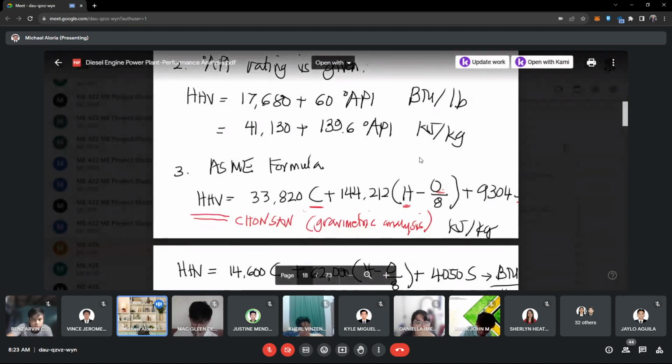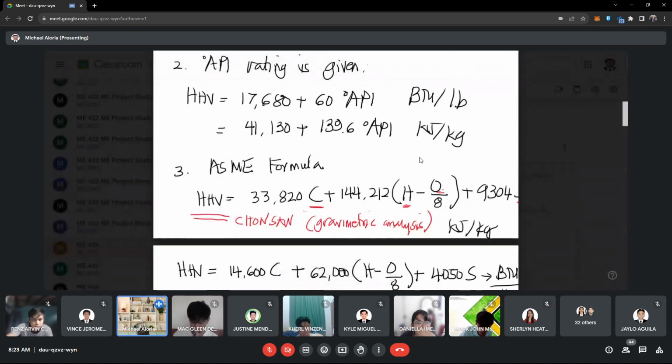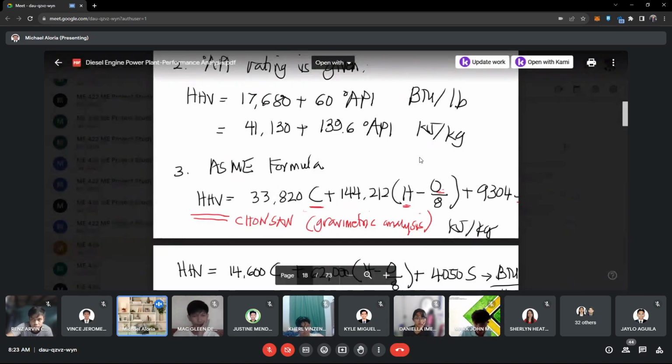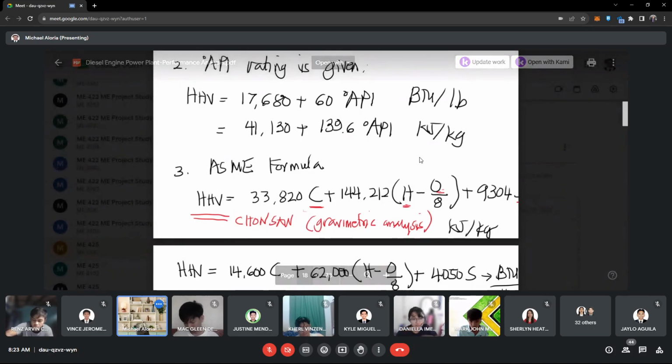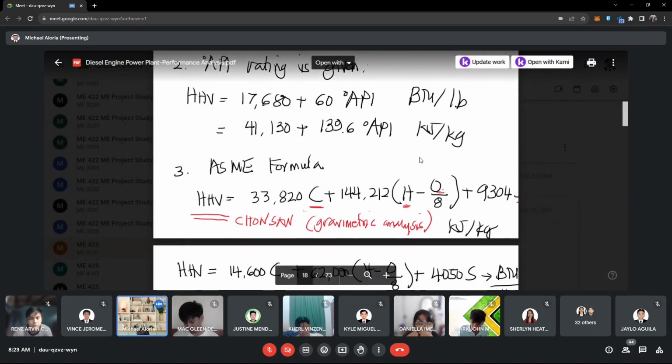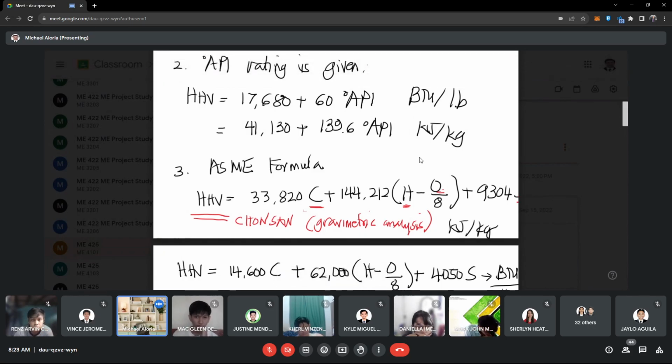Likewise for hydrogen, say you are given 3% hydrogen, ilalagay mo dito is 3 over 100, likewise for oxygen. Ito naman merong sulfur, times S, yung sulfur doon sa elemental composition, plus 9304 times sulfur. So this will yield kilojoules per kilogram.